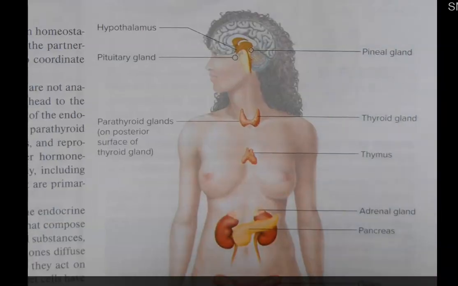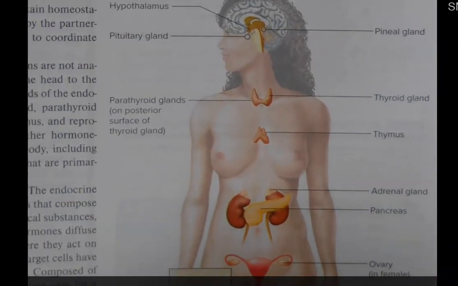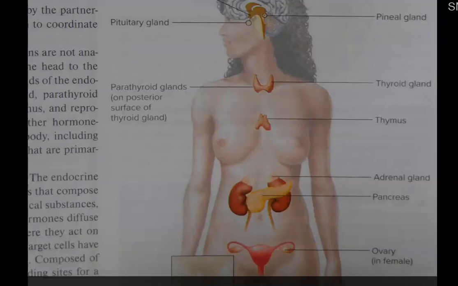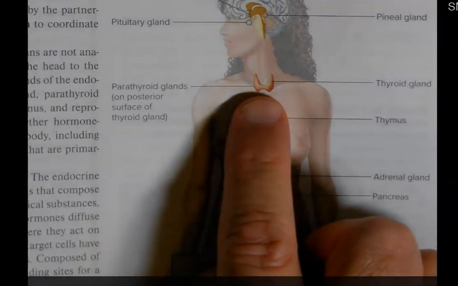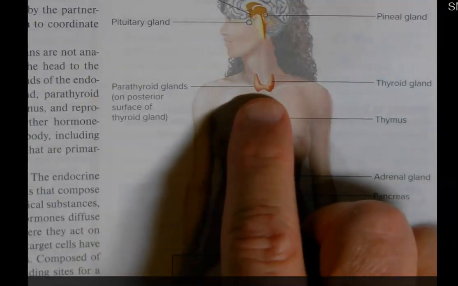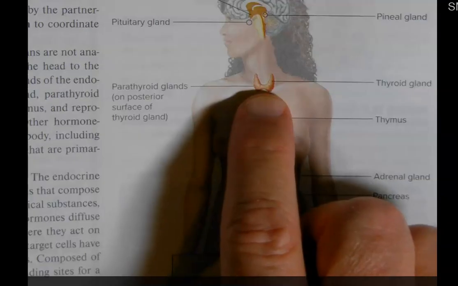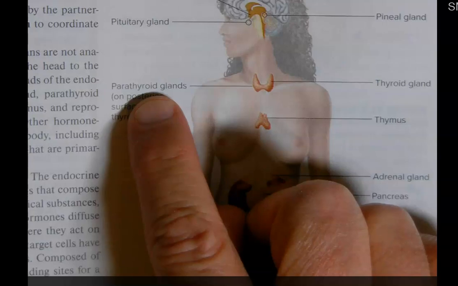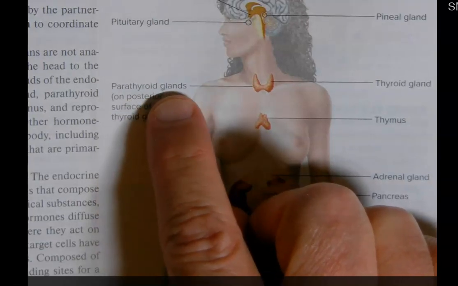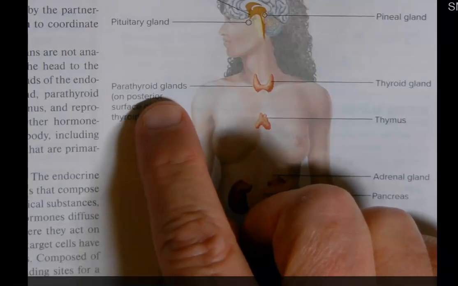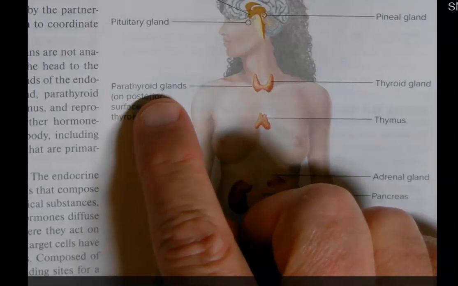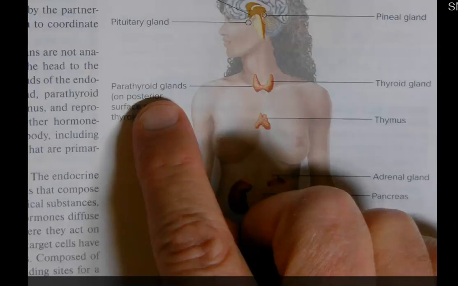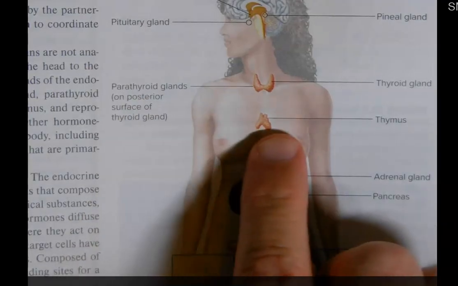So I could be wrong, but pineal is the way I have always pronounced it. Now down here in the base of the neck, you'll find your thyroid gland. And behind the thyroid gland, sandwiched in between it and the thyroid cartilage, are the parathyroid glands. Typically, there are 4 of these, and they're all just alike, 2 on each side.